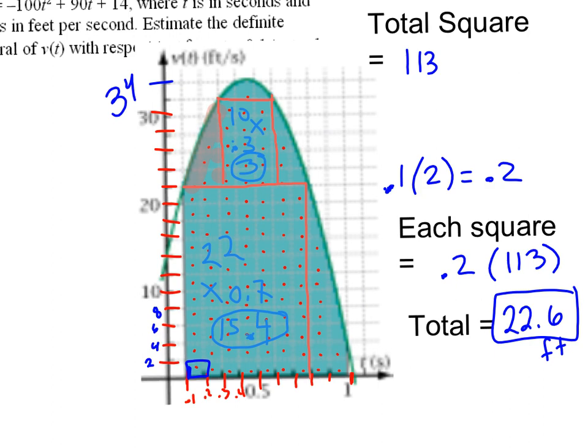And then let's just count squares. We have 6 right there, 7, 8, 9, 10, 11, 12, 13, 14, 15, 16, 17, 18, 19, 20, 21, 22, 24, 25, 26.